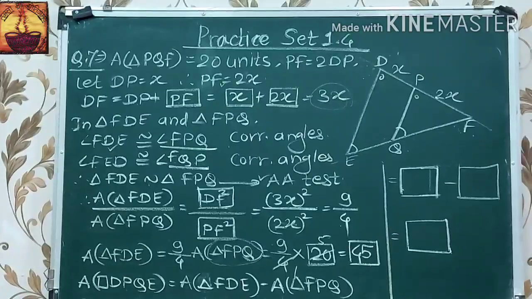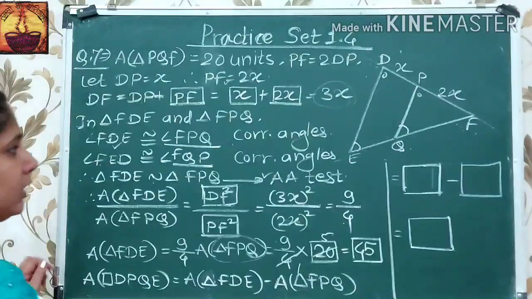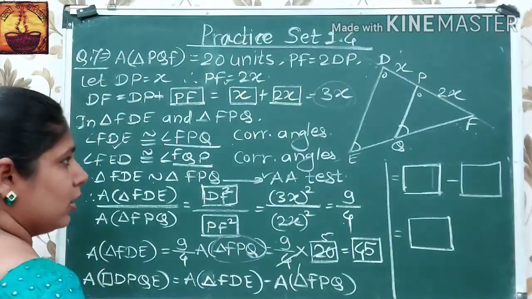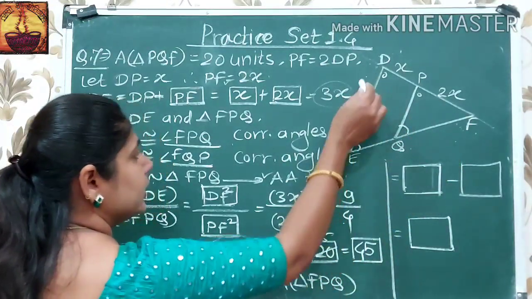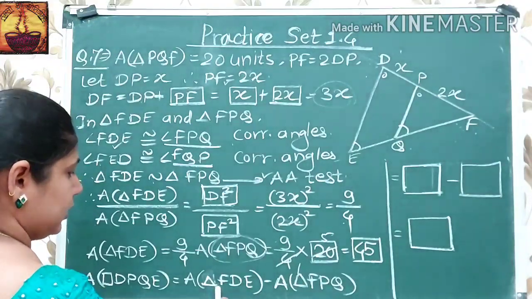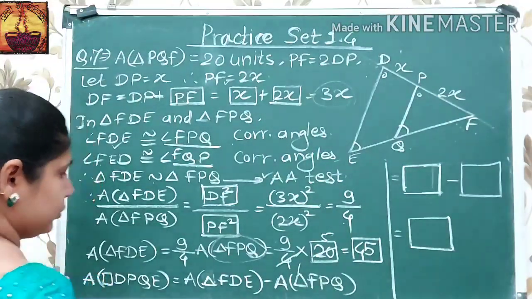For finding the area of quadrilateral DPQE, we have to subtract the area of triangle FPQ from the area of triangle FDE. Therefore write here area of triangle FDE minus area of triangle FPQ.